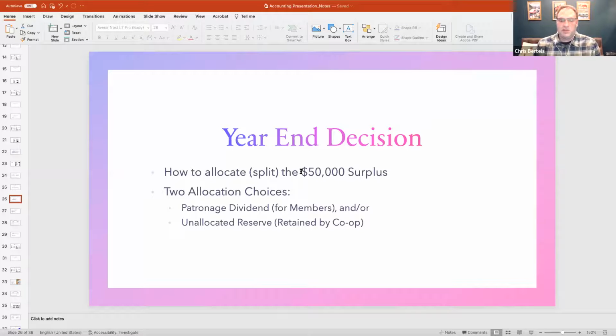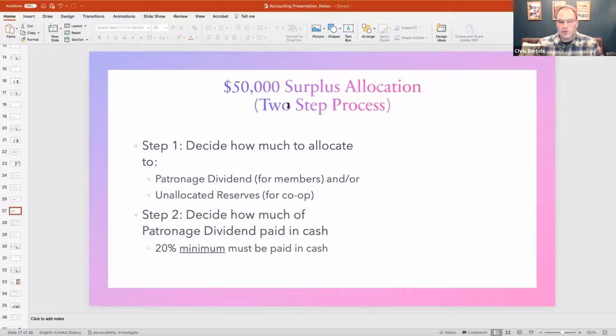Just speaking as an accountant, over the long term, it's never going to work to allocate all 50,000 to the members. In a business sense, in a financial sense, an economic sense, it's not going to work. It will create big problems.